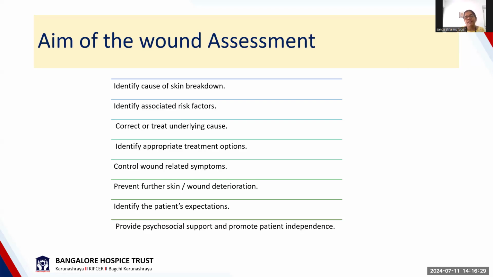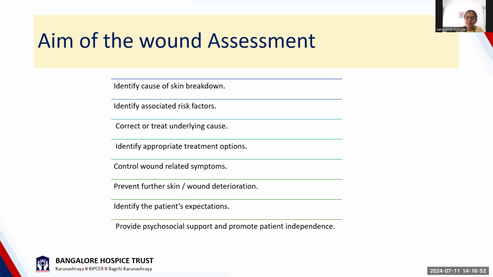Then identify the appropriate treatment options, what we can do. If I want to only control the pain, focus on that. If I want to control the bleeding, focus on that. If there are not many symptoms, I have to maintain the wound as it is. So your dressings will be different, and you have to choose accordingly. Then there is further deterioration.